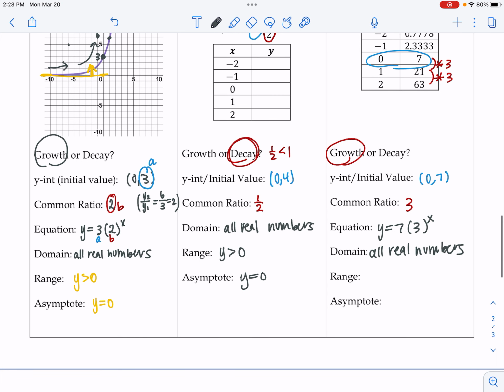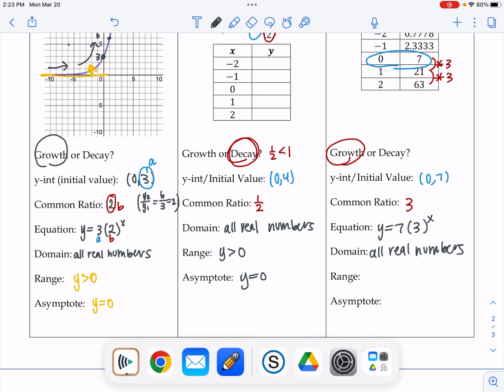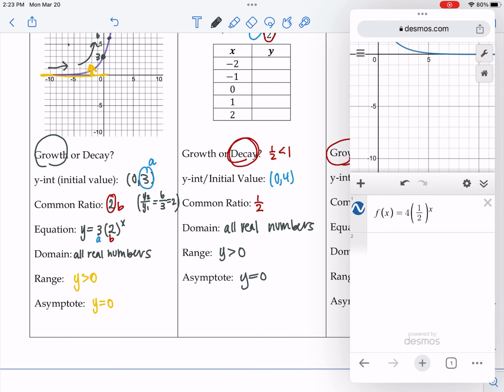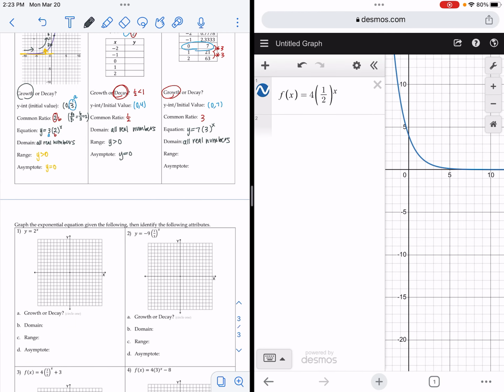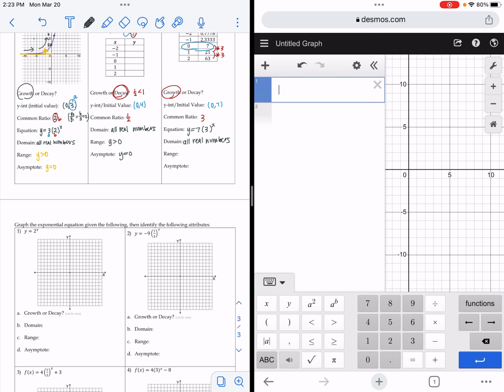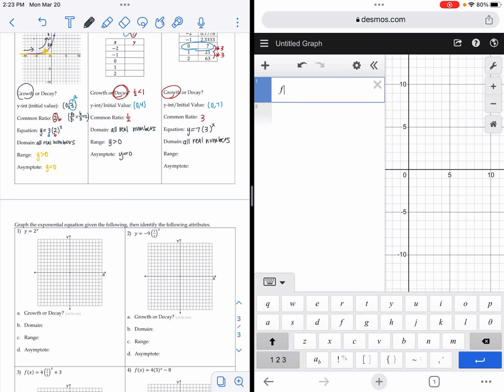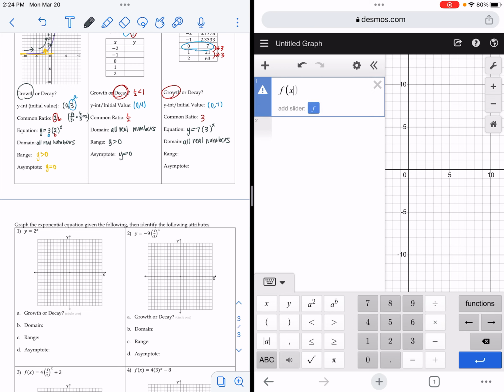And then now that we have our equation, we can use Desmos. Okay, so f of x equals 7 times 3 raised to the x.